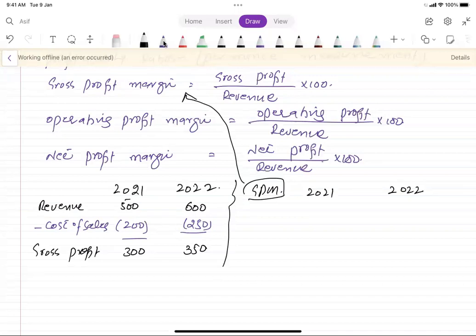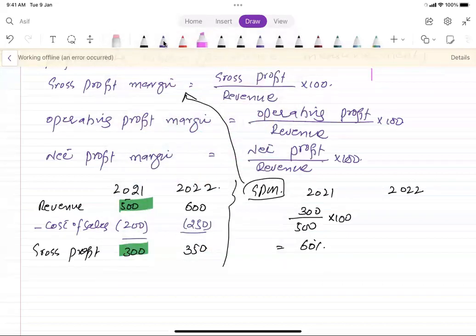For 2021, the formula is gross profit over revenue: 300, the gross profit, divided by 500, the revenue, multiplied by 100. What is the answer, Adnan? 300 divided by 500 multiplied by 100. That is 60%.